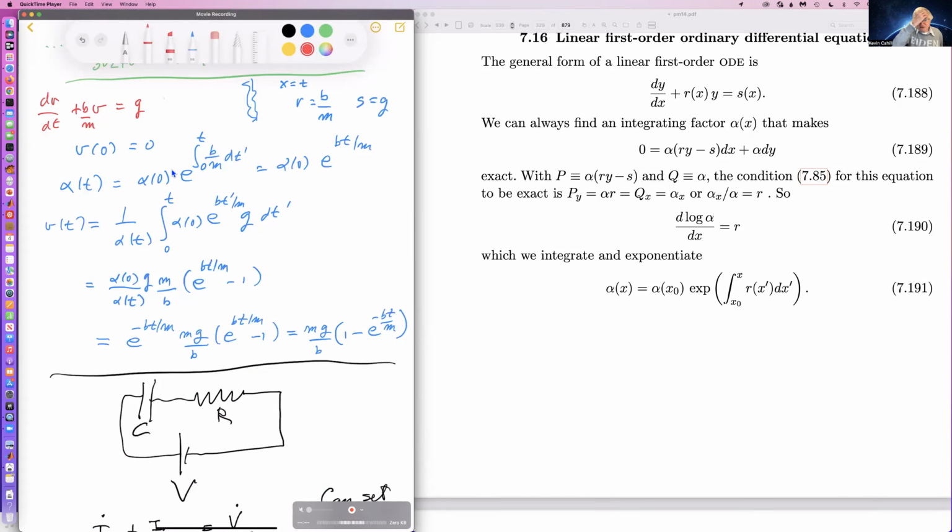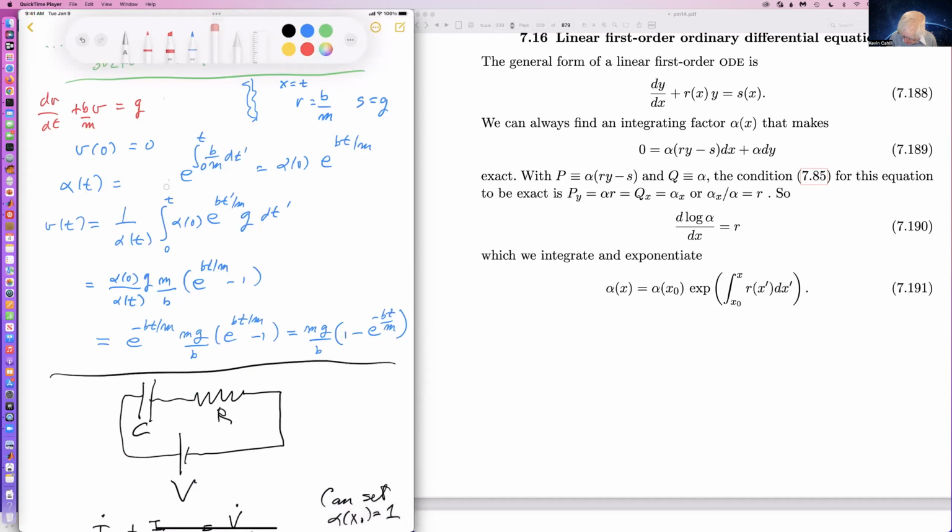And so over here, you see, I did unfortunately have an alpha of x0, so I can fix that in a jiffy here. I think, oh, that's right, I have to use the screen. I've got so many screens here, I can lose track. So let's just do this, setting alpha of 0 equal to 1 just identically.